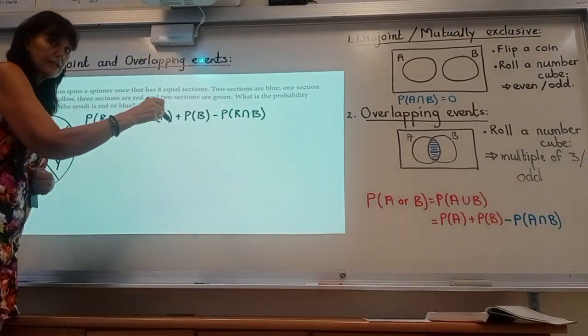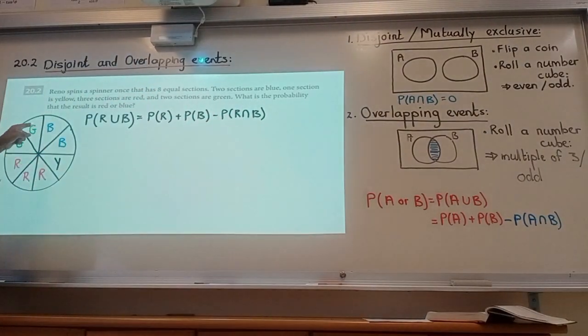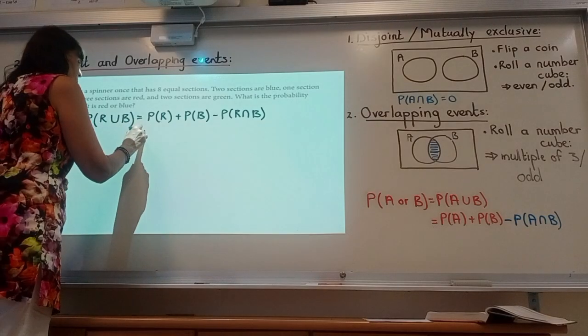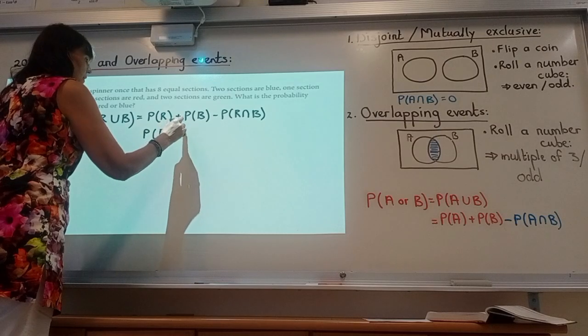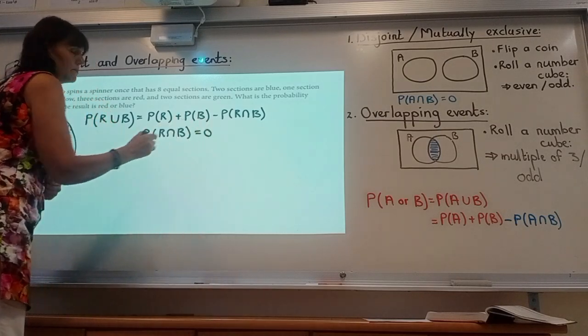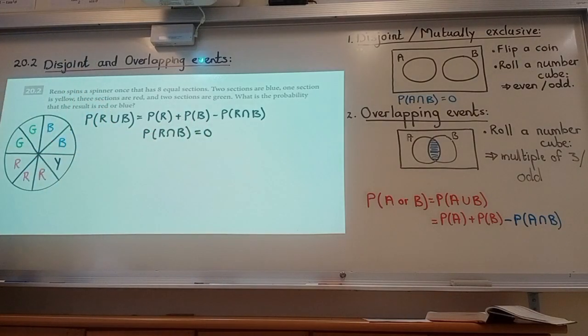Look at my and for the N. But can red and blue happen at the same time when I spin the spinner and it stops at something? No, the probability that red and blue will happen will be 0. I don't need to subtract anything.